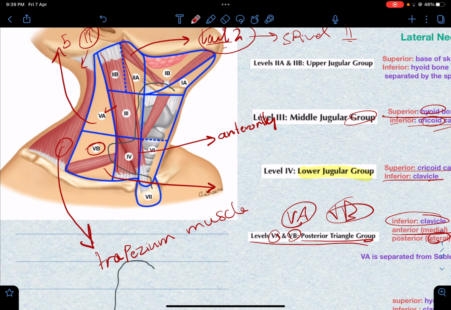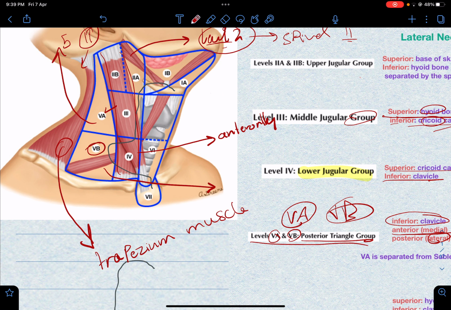Okay. The last group, which doesn't have any subdivides, is the anterior or central compartment group, or number 6, which as you can see here. Central compartment, superiorly the hyoid bone, and inferiorly the clavicle, or the suprasternal notch. Okay?